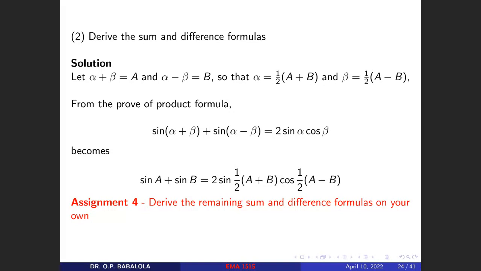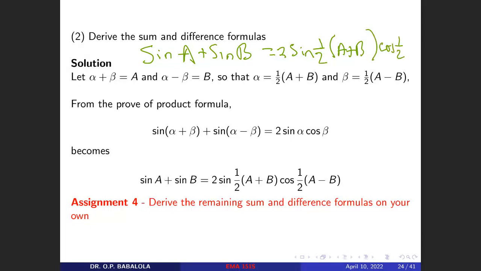This is what we want to derive: sine A plus sine B equals 2 sine half A plus B cos half A minus B. That's the first one.